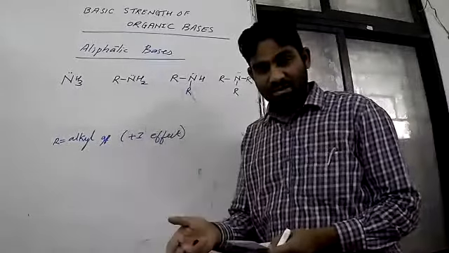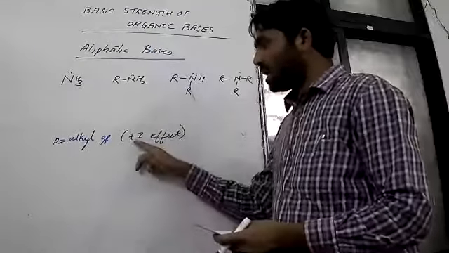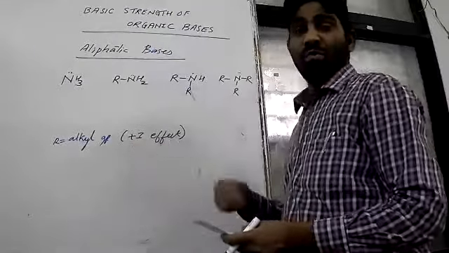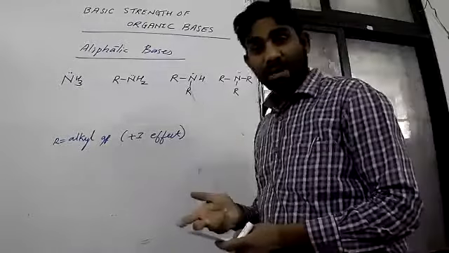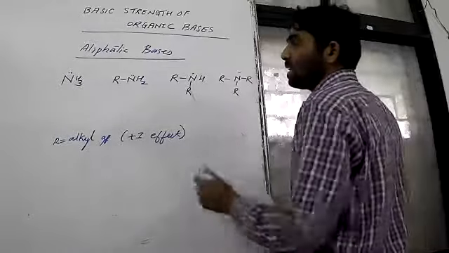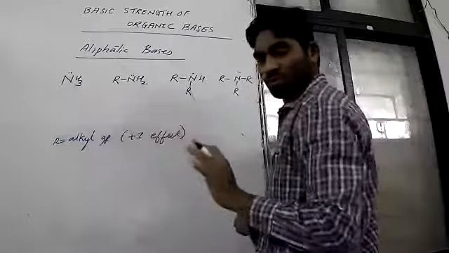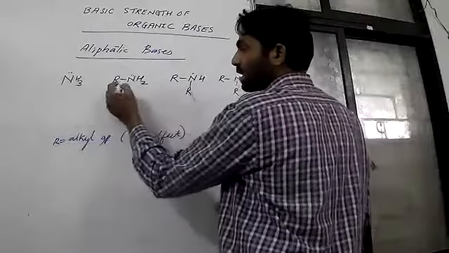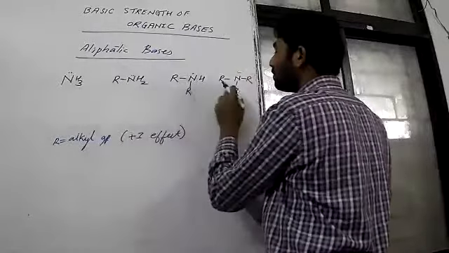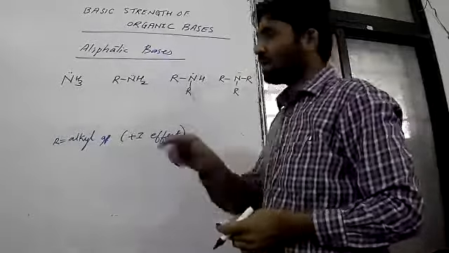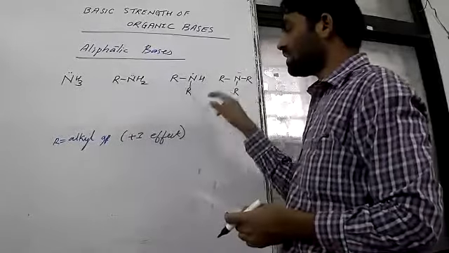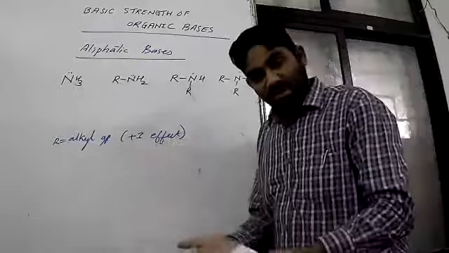We have seen that any group which shows a plus I effect will definitely increase the basic strength. Here there is no alkyl group, then one alkyl group, two alkyl groups, three alkyl groups. As alkyl groups increase, the plus I effect also increases.